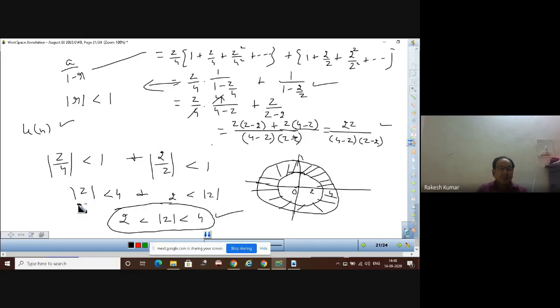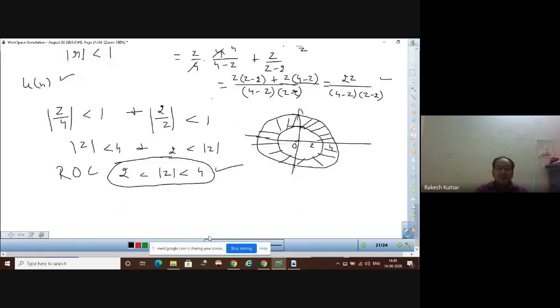So this is the required region of convergence. Region of convergence, in short, is always written as ROC. So this way, we will be able to find out the region of convergence for every type of function.